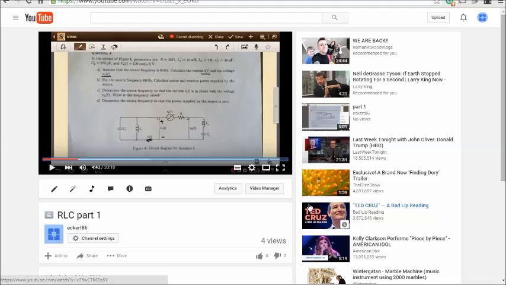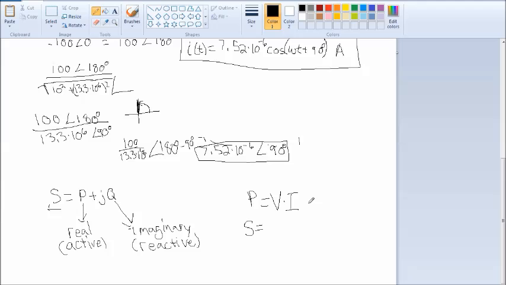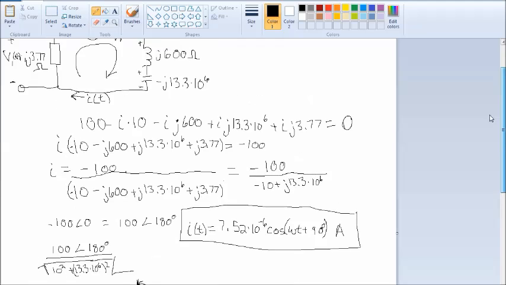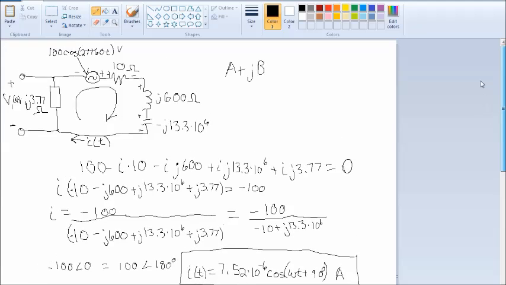That's just mathematics. So determine the source frequency. We're on C now. Determine the source frequency so that the current I of t is in phase with the voltage V2 of t. What is this frequency called? As we said, at 60 hertz, remember these impedances of these reactive components, they're dependent on the frequency.